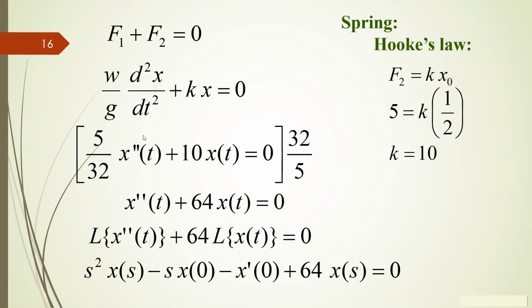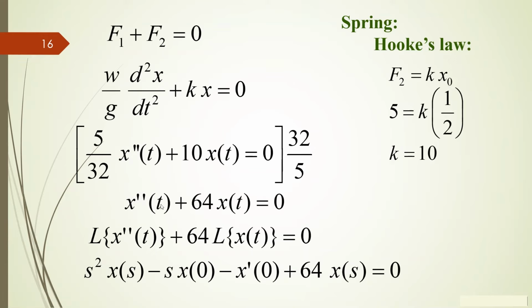However, this is a second order differential equation. We don't want the first term to have a coefficient apart from 1, so it's easier for us to solve. So that means let's multiply by the reciprocal. You'll eventually get x double prime of t plus 64x of t equals 0.